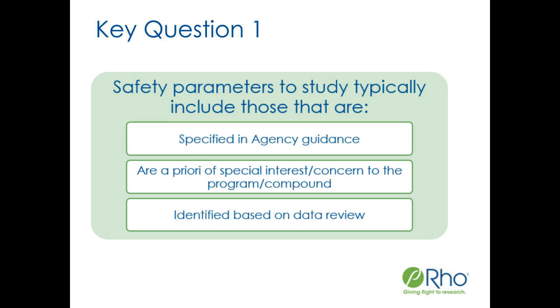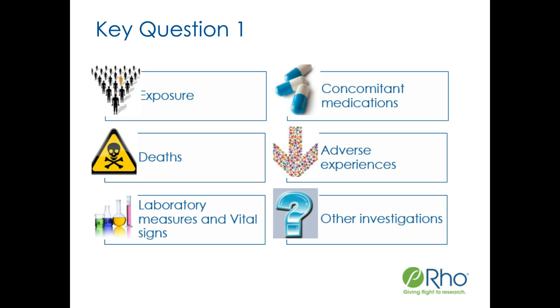There are also, as you finalize your program and you're getting toward the end of your last phase 3, you're going to be reviewing the data to identify any safety parameters that have come up that were unexpected at the start of the program.